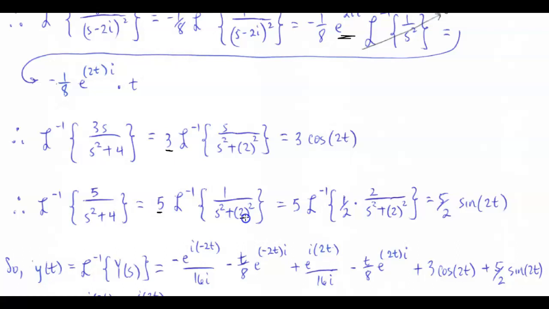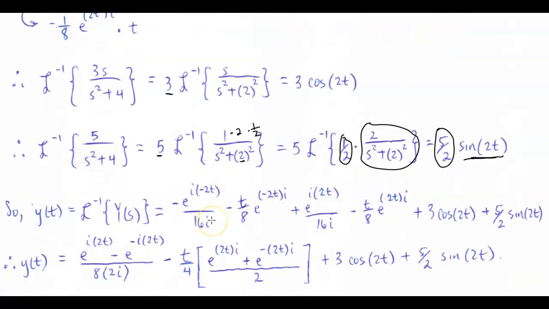Since I have a 2 here, I have to force a 2 to be up here, but to even that out and still make it be 1, I'm going to have to multiply that times 1/2. So I end up having another factor of 1/2 here, which means that I end up having a constant on the outside of 5/2. And then this portion here, I take the direct inverse Laplace transform of that, and that's just sine of 2t.